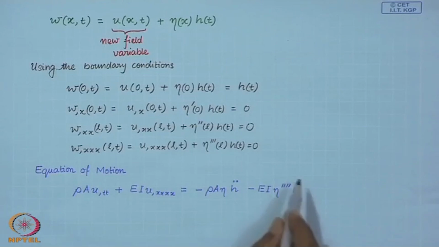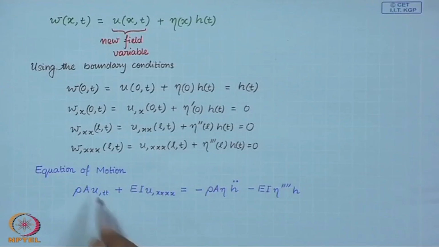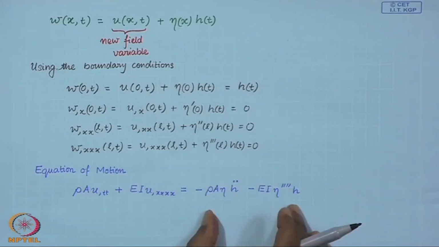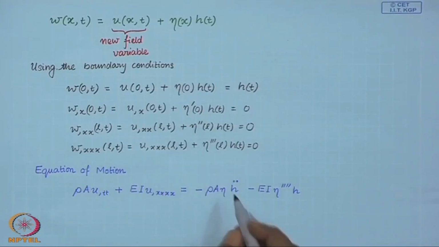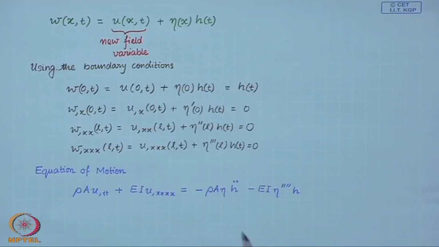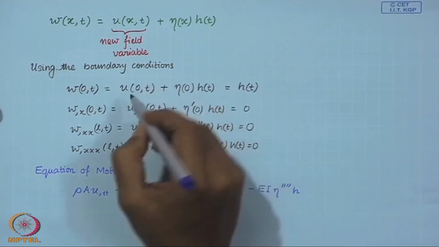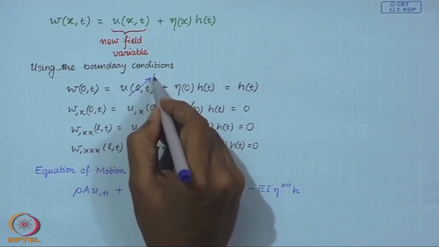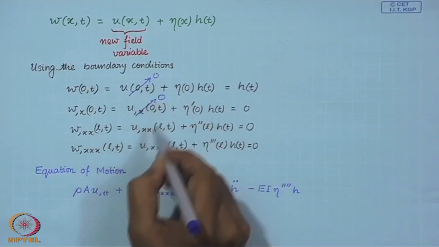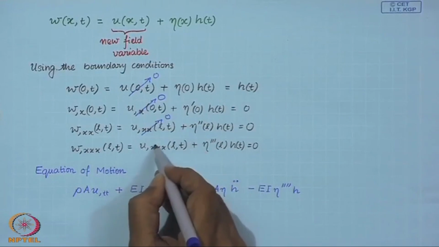Now, we would like to have homogeneous boundary conditions for this equation of motion. Now, the field variable is u, and the right hand side we now have in terms of the time varying function h and as yet unknown function eta. So, if you want to have homogeneous boundary conditions for u, which means that this must be 0. So, these are all 0.